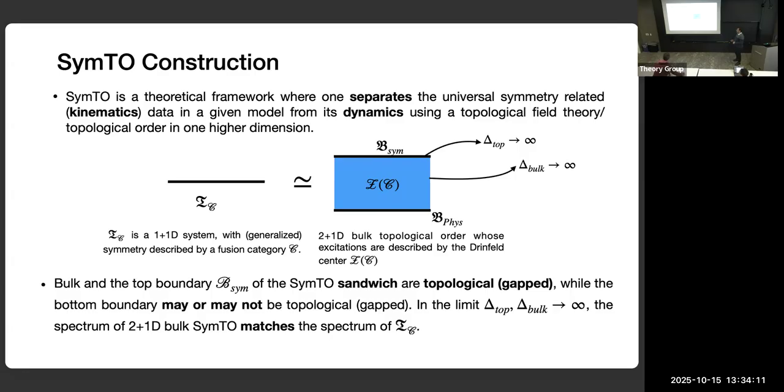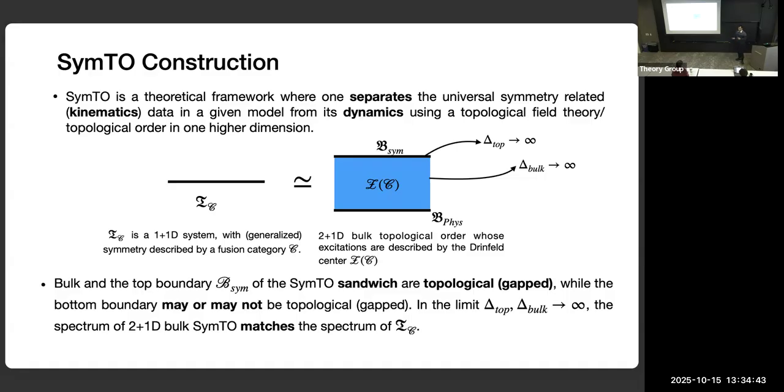So the idea is that we start with some theory, this T_C, that is a 1 plus 1 dimensional system with, in general, some generalized symmetry that is described by some fusion category C. And then we separate the dynamics from its symmetry-related universal data by representing it as a 2 plus 1 dimensional topological field theory, whose bulk excitations or defects are described by what's called the Drinfeld center of this fusion category C.